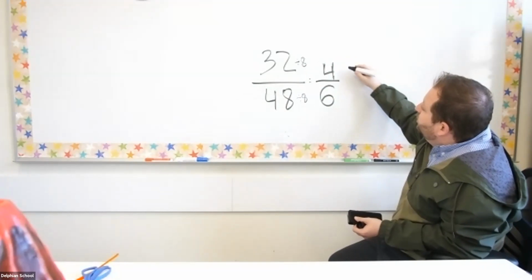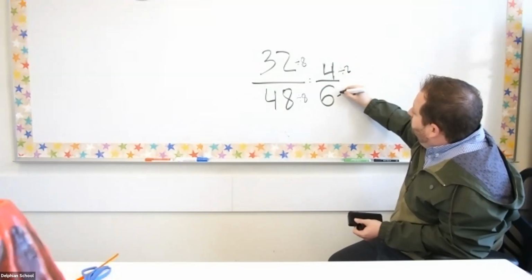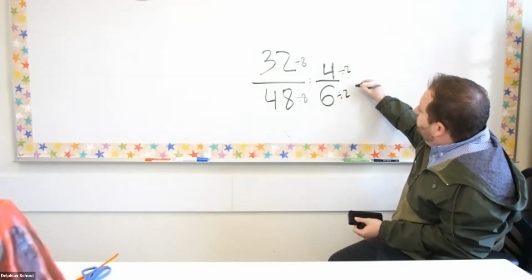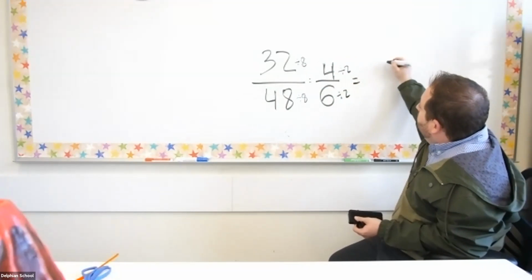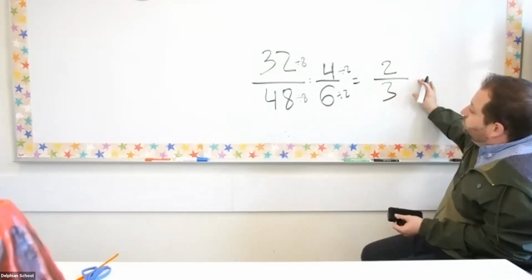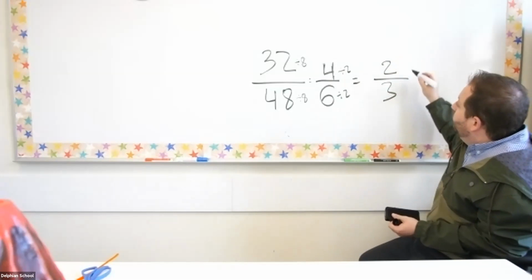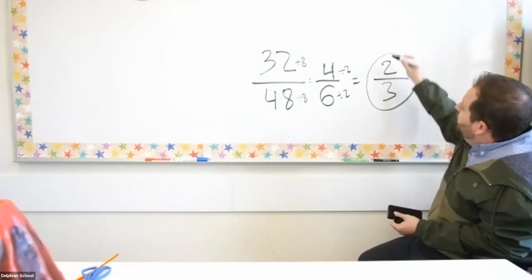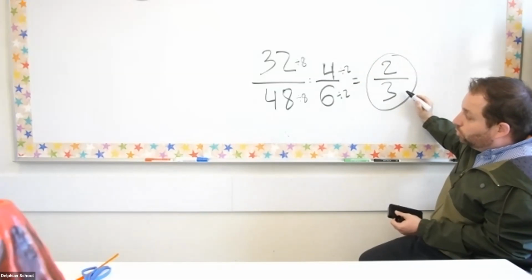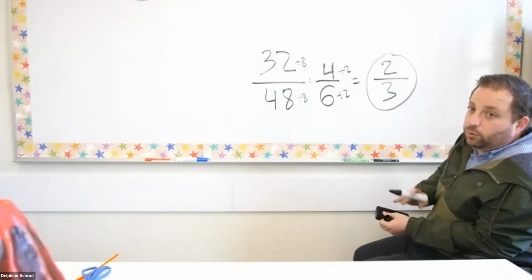So what we could actually do is divide this by 2 and this by 2 still, and we get 2/3. There's nothing left that we can divide both of those by, so we have lowest terms. So 2/3 is lowest terms for 32/48. It's also lowest terms for 4/6.